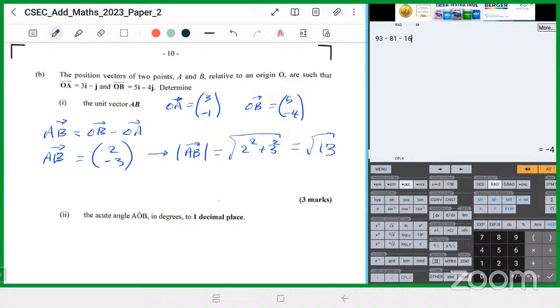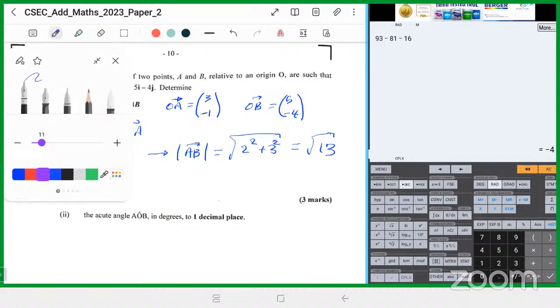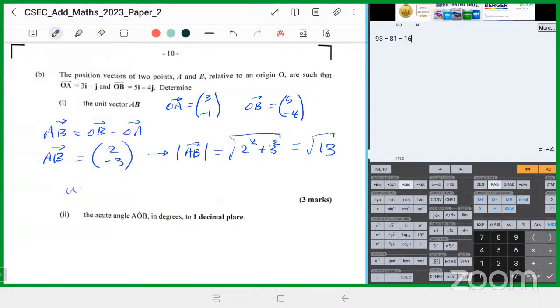And therefore, the unit vector, let's put this part in purple, the answer. So the unit vector that I wanted is written AB with the hat on it.